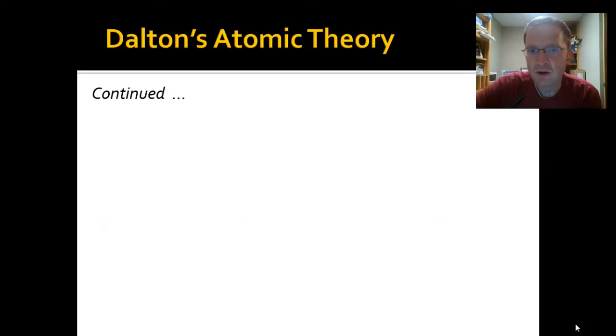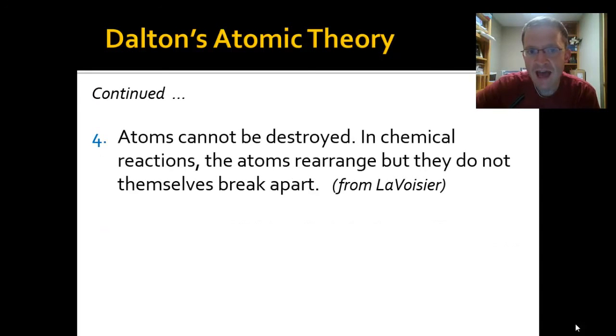A couple more things about Dalton's atomic theory. Number 4 is that atoms cannot be destroyed. This kind of goes back to that first part of Dalton's atomic theory, where we say they aren't indivisible because we know they can be destroyed. But the second part of this is critically important, and it's very true. In chemical reactions, the atoms rearrange, but they do not themselves break apart.